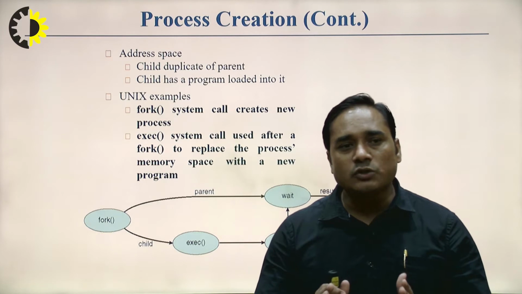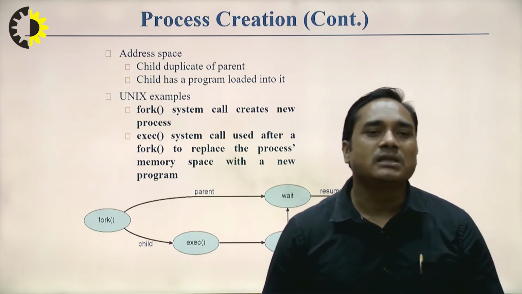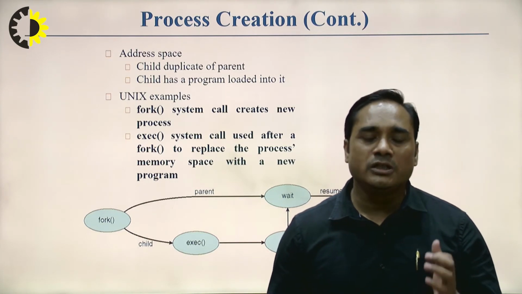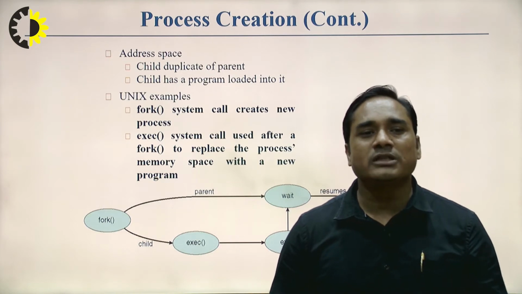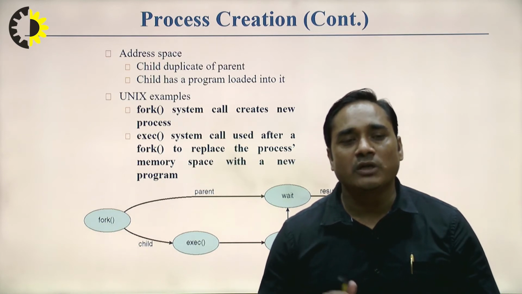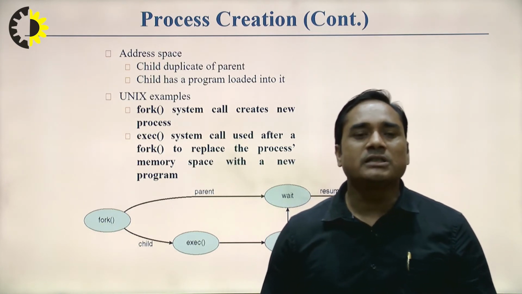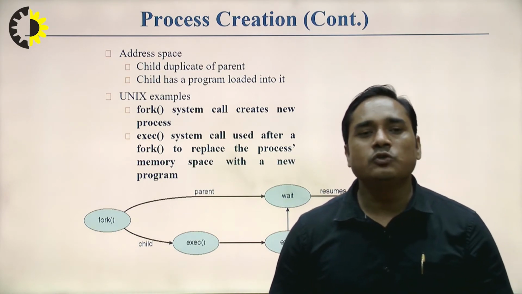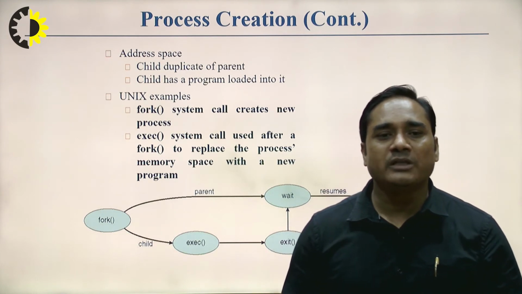In the Unix example, the fork system call creates a new process. In the Unix operating system, if you want to create a new process, you use the fork system call. The exec system call is used after a fork to replace the process's memory space with a new program.